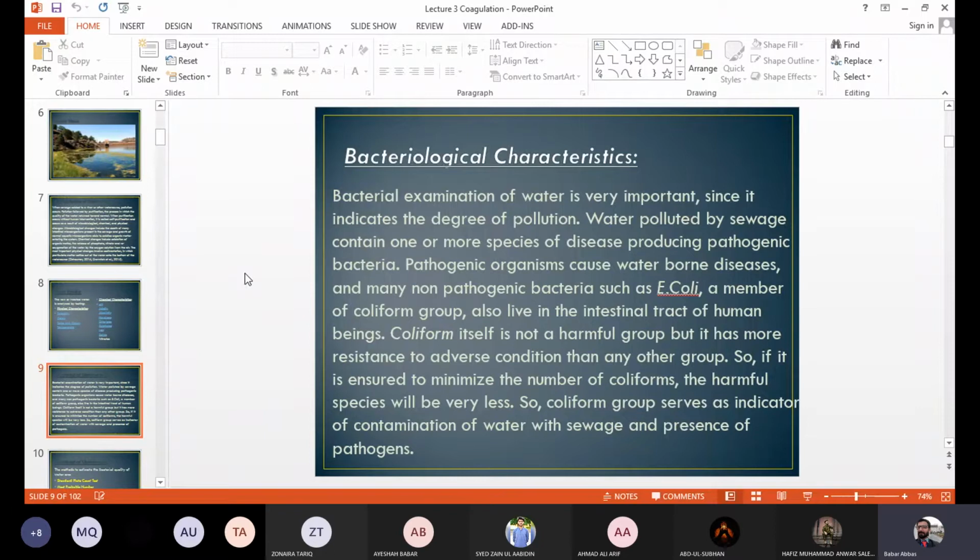Coliform itself is not a harmful group, but it has more resistance to adverse conditions than any other group. So if it is ensured to minimize the number of coliforms, the harmful species will be very few. So the coliform group serves as an indicator of contamination of water with sewage and presence of pathogens.